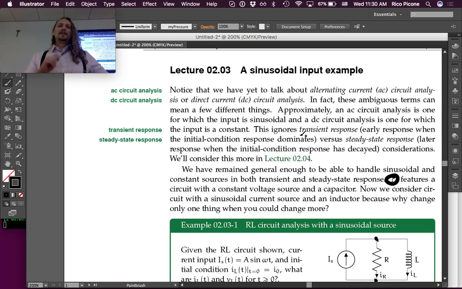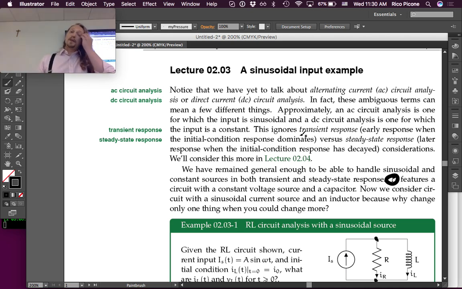So notice that we have yet to talk about alternating current AC circuit analysis or direct current DC circuit analysis. In fact, these ambiguous terms can mean a few different things. Approximately, an AC circuit analysis is one for which the input is sinusoidal, and a DC circuit analysis is one for which the input is a constant.